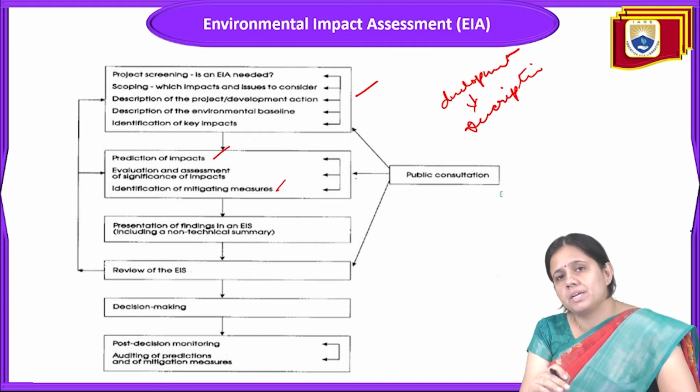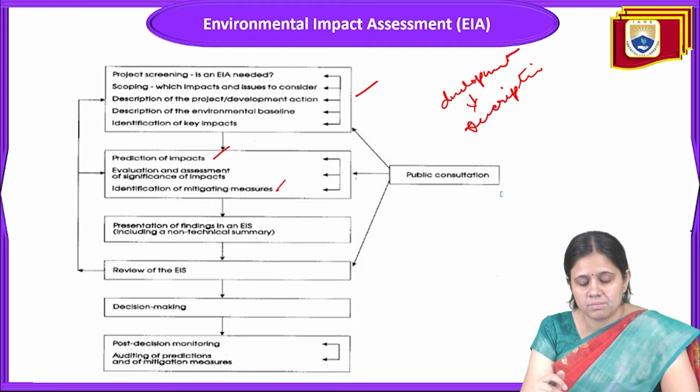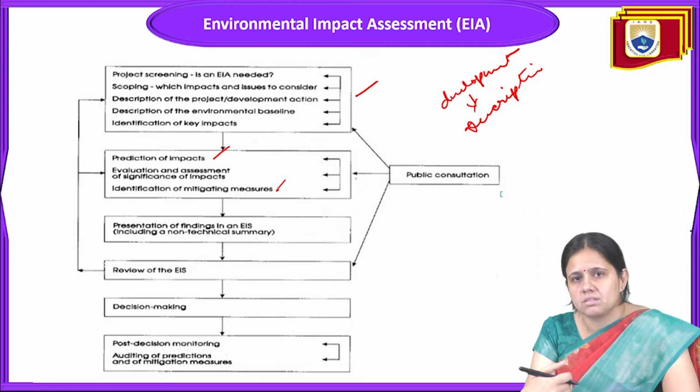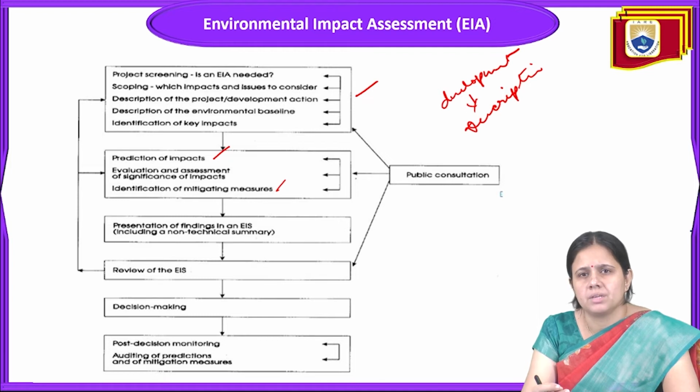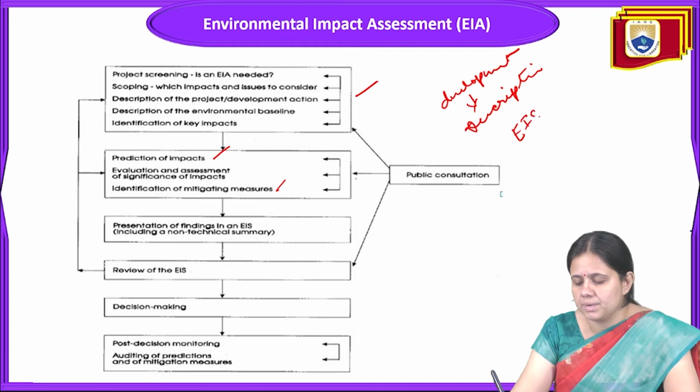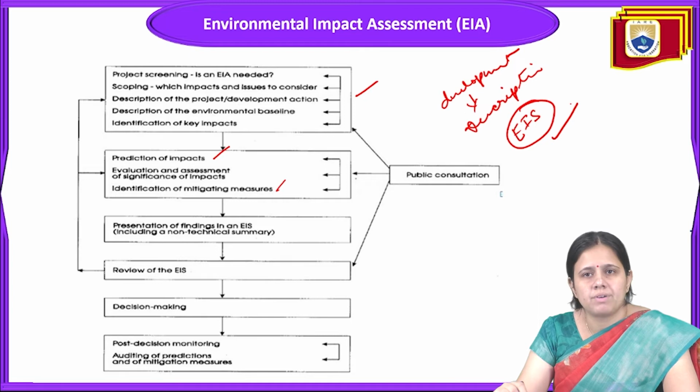They will do the prediction of impacts, evaluation and assessment of significance of impacts, and then identification of mitigation measures. The next step is presenting the findings in an EIS, including a non-technical summary. Then they will give an EIS, Environmental Impact Statement, that discusses the findings, including the non-technical summary also.